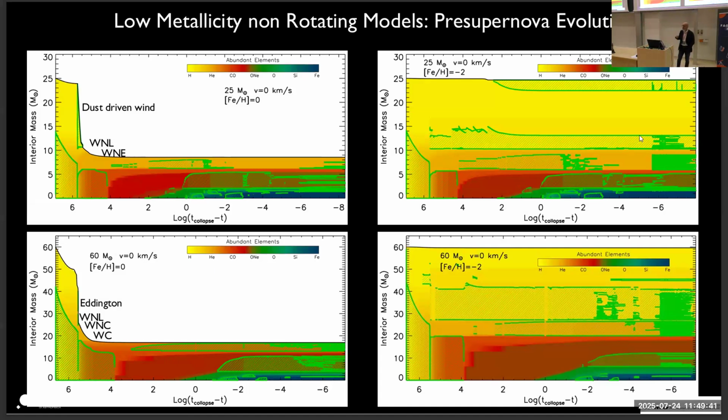The other thing that is important to note is that the carbon-oxygen core mass for the 25 solar mass is essentially independent of the metallicity, while in the 60 solar mass case, there is a substantial increase of the carbon-oxygen core at low metallicity because of the absence of the mass reduction due to mass loss.